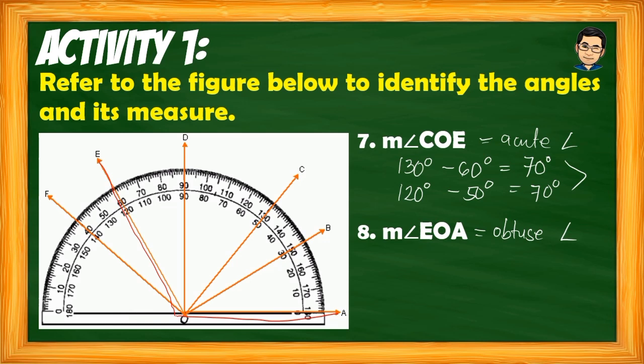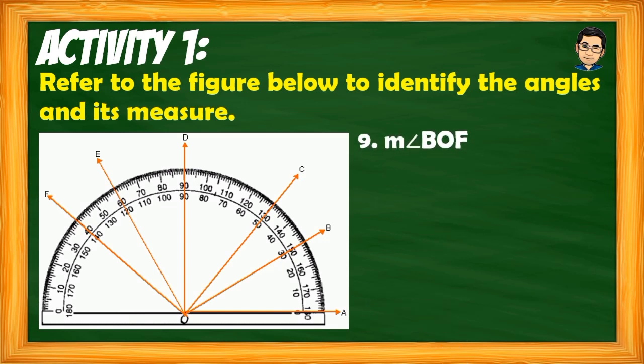So, dito po ba, anong kukunin natin? Is it 60 or 120? Siyempre po, ang kukunin po natin is 120 degrees. It's because, yun po kasi ang possible na sukat ng obtuse angle. Sa pagitan ng 90 and 180, pasok po yung 120 degrees. Hindi po pwede yung 60 degrees. It's because, dun po siya dun sa acute angle. Okay.